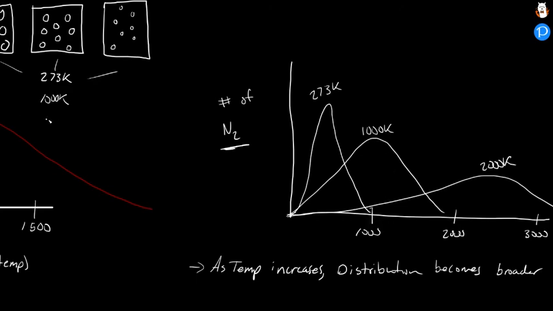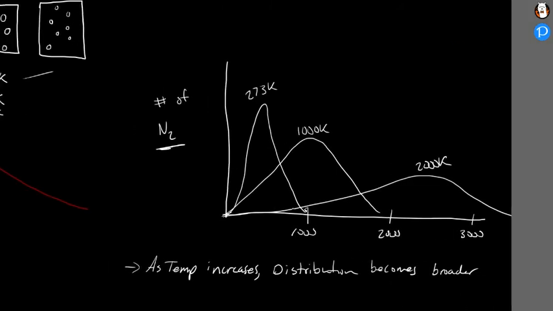And then if I heat this up even more to 2,000 degrees, that distribution widens out even more. And so now I have a ton of different speeds going on, all the way from close to zero up to like 5,000 meters per second.